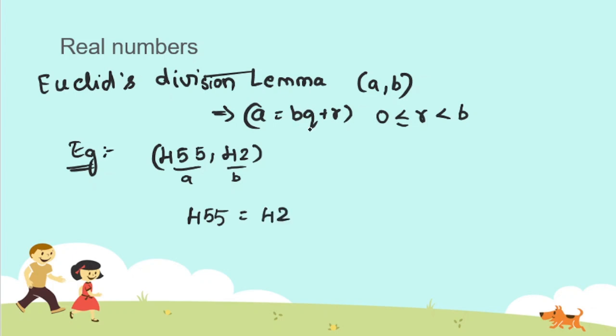If I divide 455 by 42, how many times can I do it? I can do it 10 times. So 420 I will get. When I subtract, I am going to get 35 as my remainder.